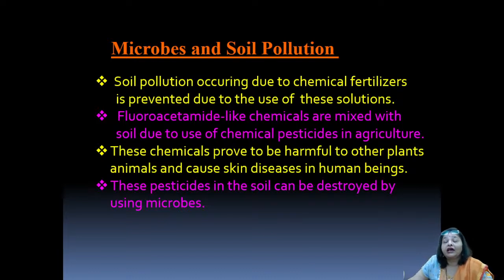This causes a toxic effect because these chemicals prove harmful to not only crop plants but also to the animals present in the soil. Not only that, they may enter the food chain through bioaccumulation, causing skin diseases in human beings also. So these chemicals prove harmful to plants, animals, as well as human beings.